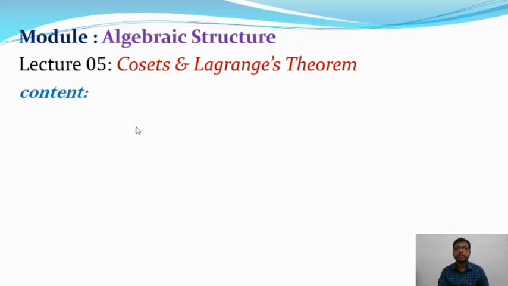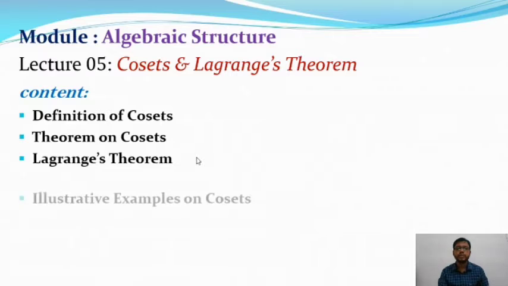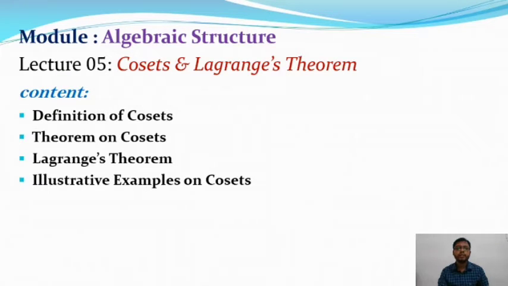At first we will discuss the definition of a coset, and after that we will talk about the theorems related to coset, and after that we will talk about the Lagrange's theorem as well, and some related examples we will discuss in lecture 5, that means in today's lecture.